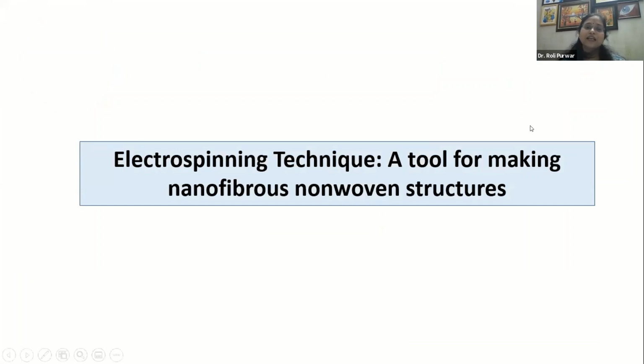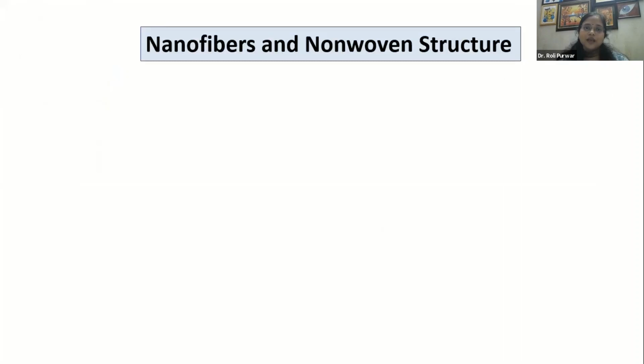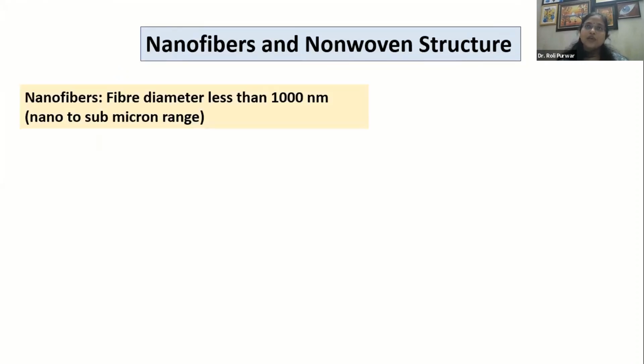I will say that electrospinning is a tool for making nanofibrous non-woven structures. First of all, we can look at what a nanofiber is and how the non-woven structure will look with the help of the nanofibers. We can define nanofibers as fibers with a diameter of less than 1000 nanometers. This is a general definition.